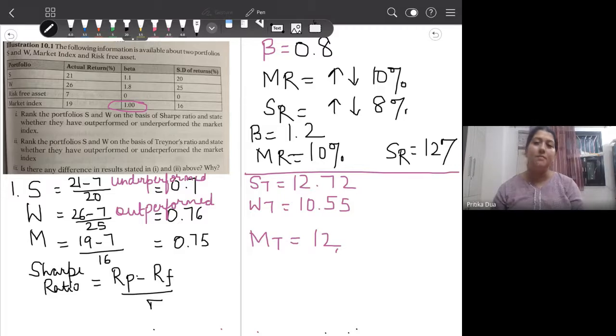Can beta for any security be negative? Because here what we are seeing is a positive relation. They are moving in the same direction. So can beta of a security be negative? Yes or no?